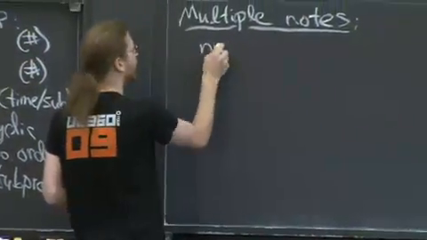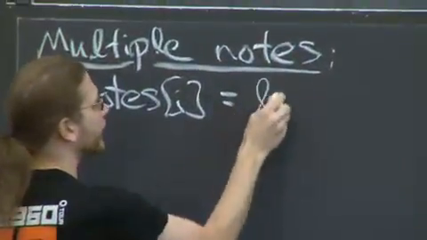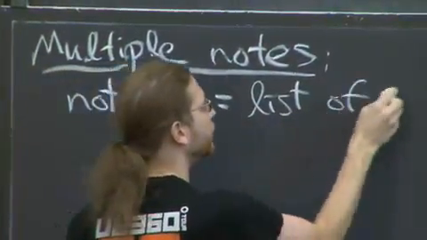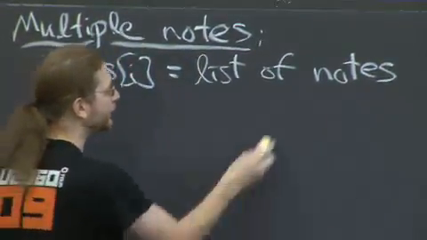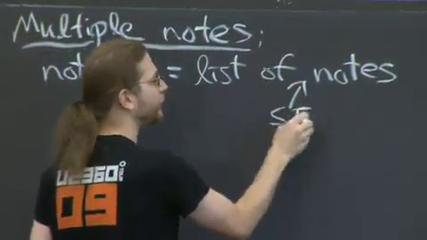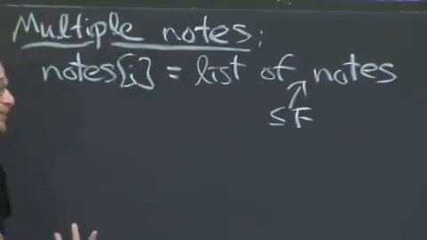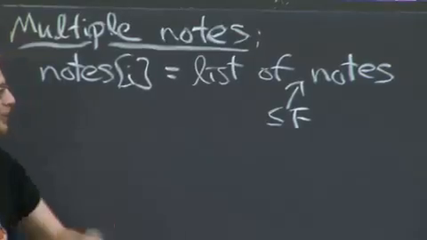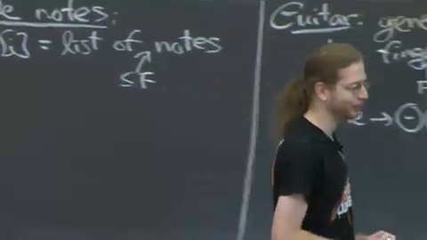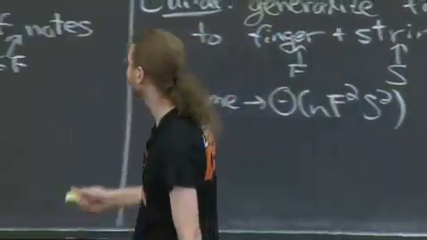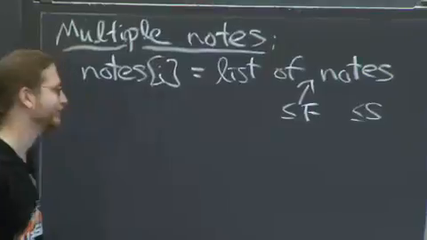So notes of i is now going to be a list of notes that all need to be played at once. And conveniently, it's probably going to be at most F notes, because you really can only play one note with each finger, pretty much. I guess you could try to play 2 notes at once on a piano with a finger, but it sounds difficult. For a guitar, it's at most S notes. You can only play 1 note per string, more or less.